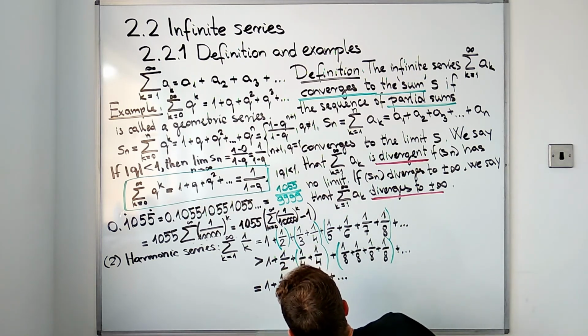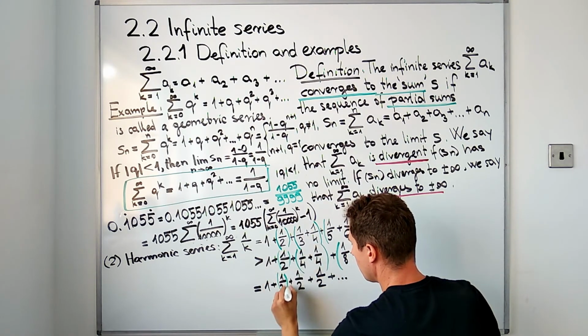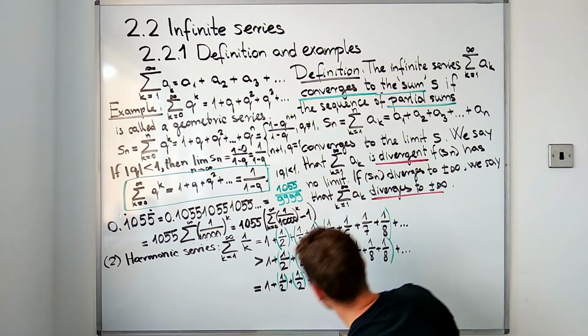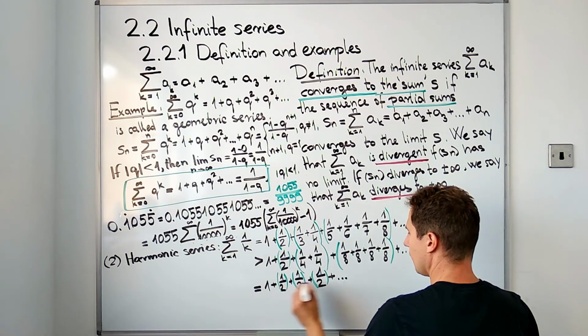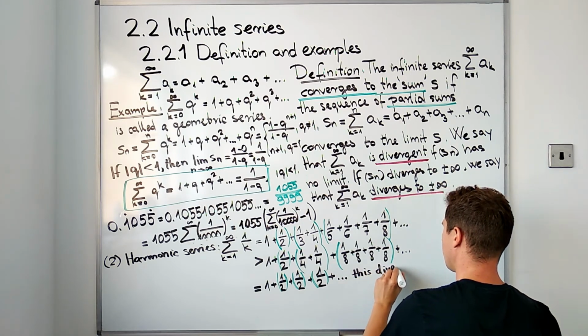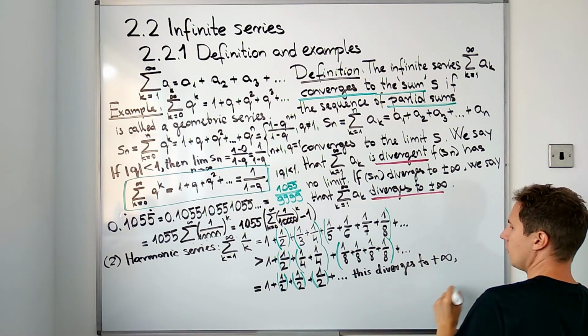So I could, I guess, just indicate that these groups turn into halves. So I can say that this diverges to plus infinity.